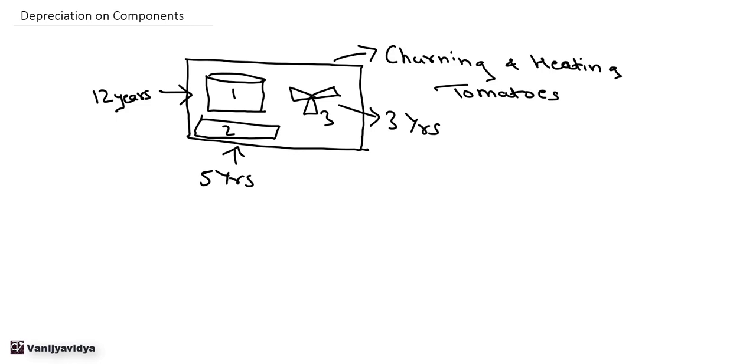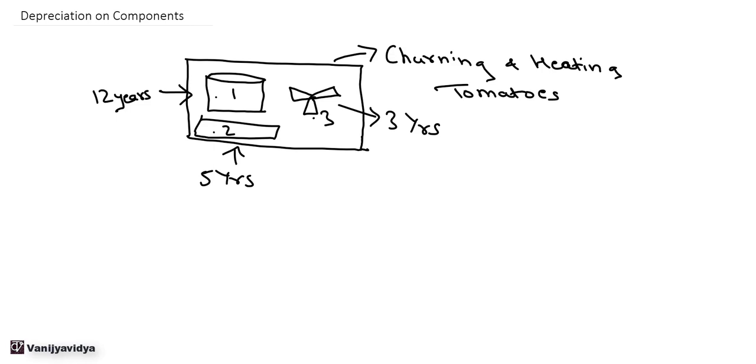Now, since the machinery comprises three important components, as per the Companies Act as well as the accounting standard, you need to bifurcate the total cost of machinery into three parts. You need to ascertain the cost of component 1, the container, component 2, the induction, and component 3, the blades, and the depreciation needs to be charged on each component separately.